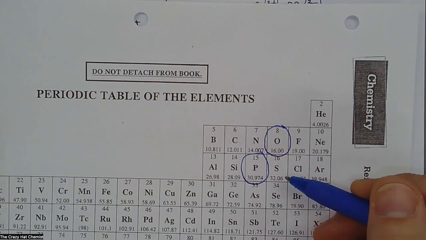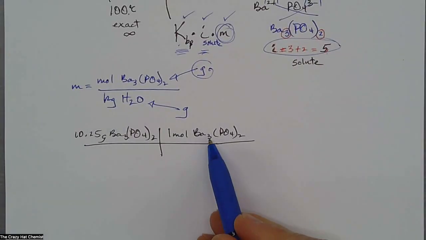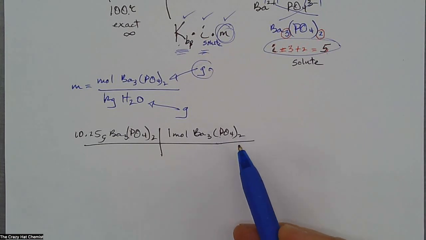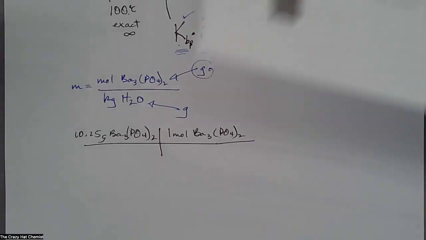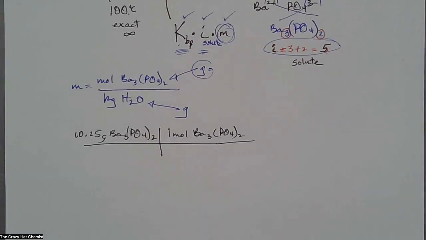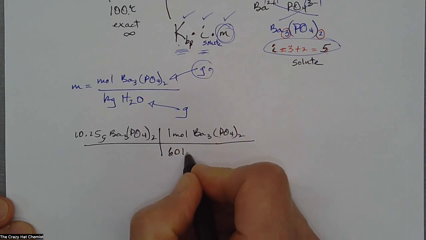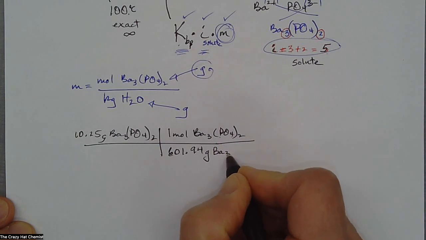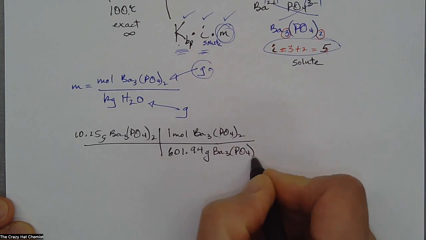So we're going to take 3 bariums, 2 phosphorus, and 8 oxygens, sum them up and round to the fewest number of decimal places, which is 2. The barium has 2, the oxygen has 2, the phosphorus has 3. So this is going to be 601.94 grams of Ba3(PO4)2.